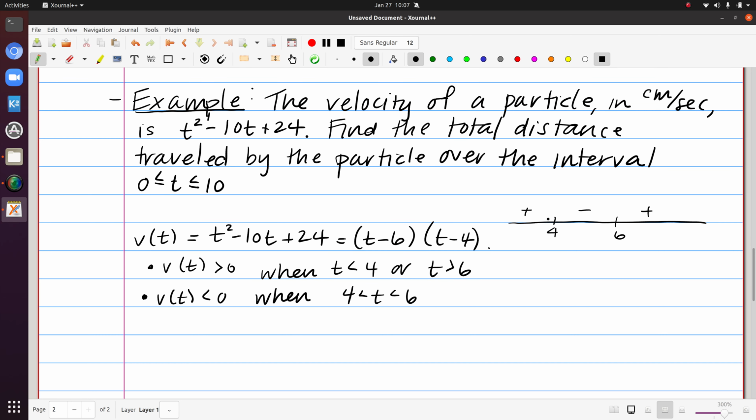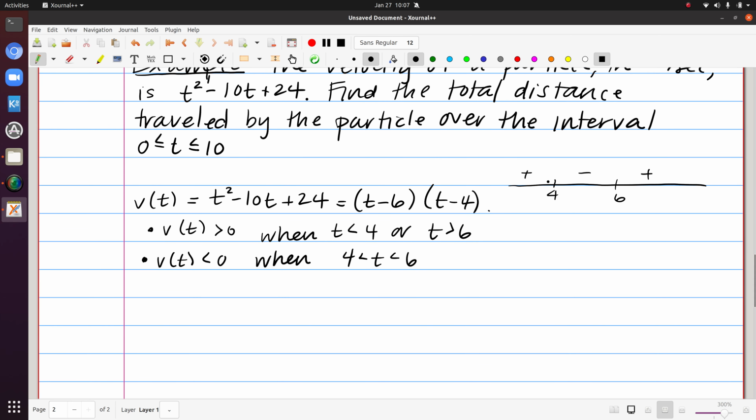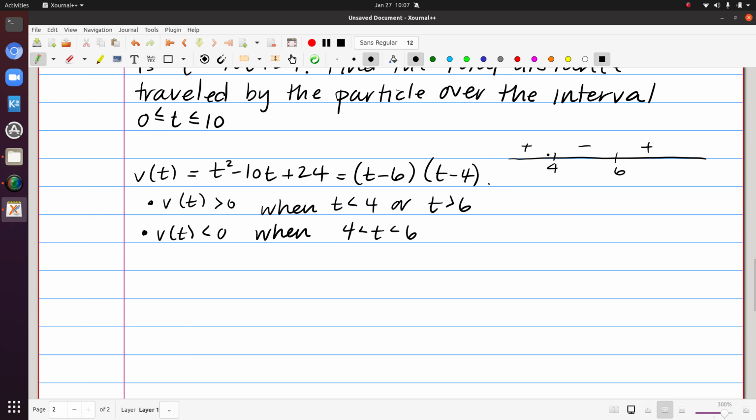So without even having the graph, I now have enough information to integrate the absolute value. From 0 to 10 is what we're hoping to find: the integral of the absolute value of this velocity function. From the analysis above, I know that I can integrate the given velocity function on the interval from 0 to 4.